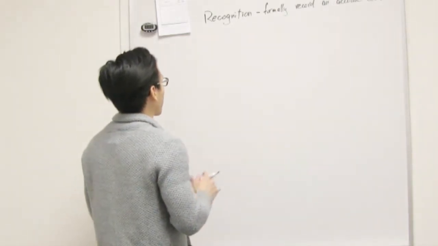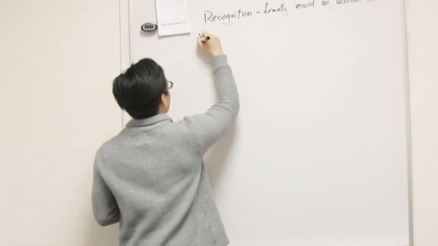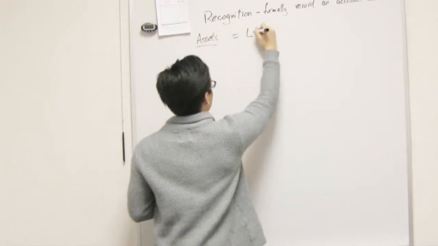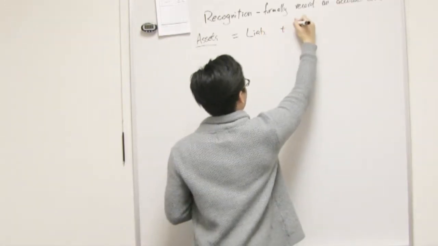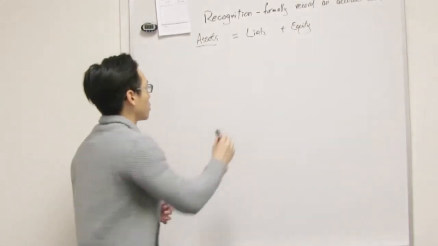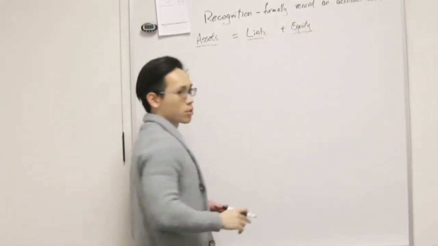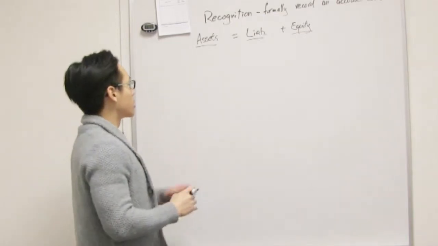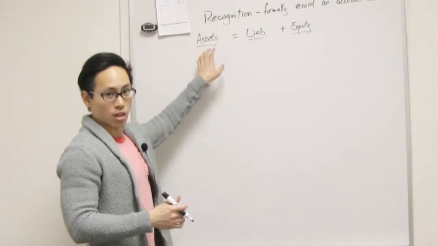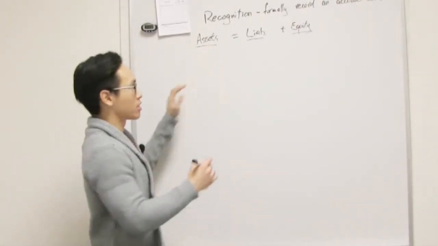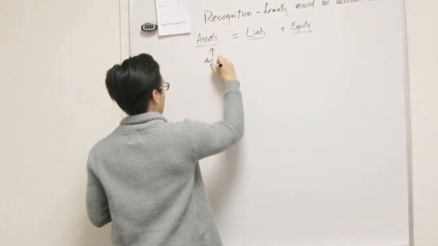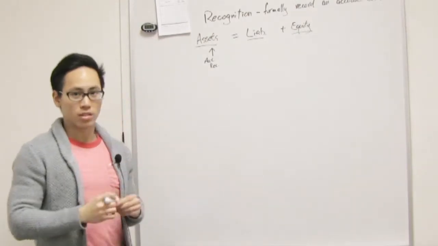And so for the horizontal statement, for this example, if you perform service on account to a customer, because you have not received any cash yet, your asset will not change. Your asset will increase by accounts receivable, not cash, because you haven't received cash yet.